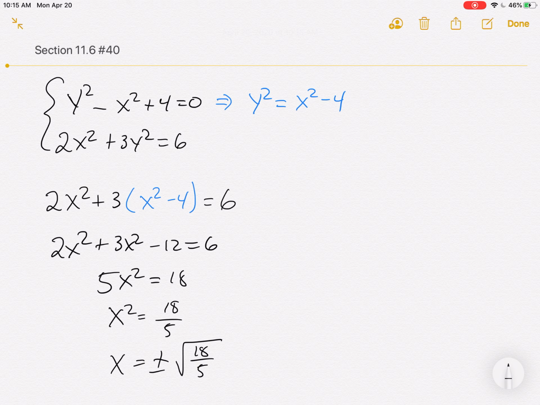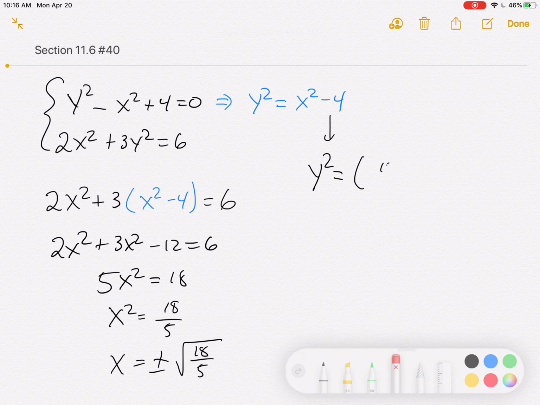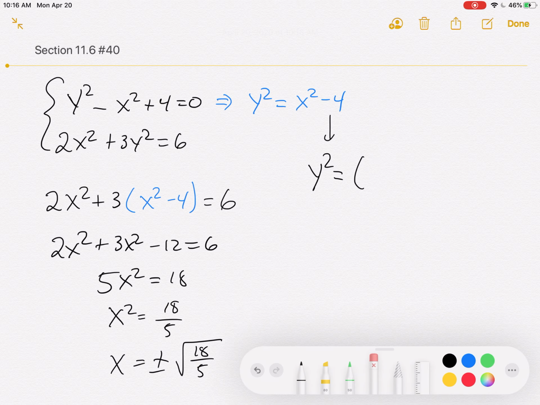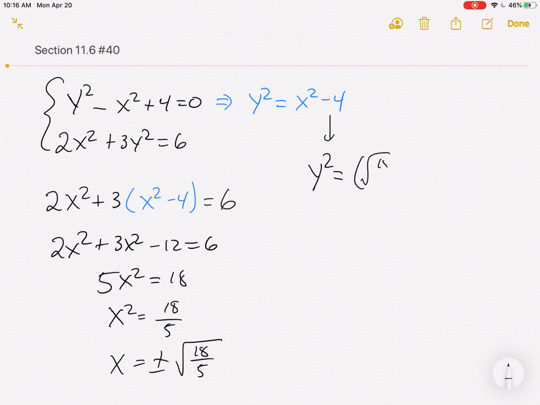How am I going to figure out what my y's are? Well, my y squared needs to be equal to x squared minus 4, right? So I'm going to use that. So let me take the positive one first, and I'll write it the same way we see it, so it's not confusing. What did we say x was? Well, we said x was root 18 fifths, right? And we're going to square that, minus 4.